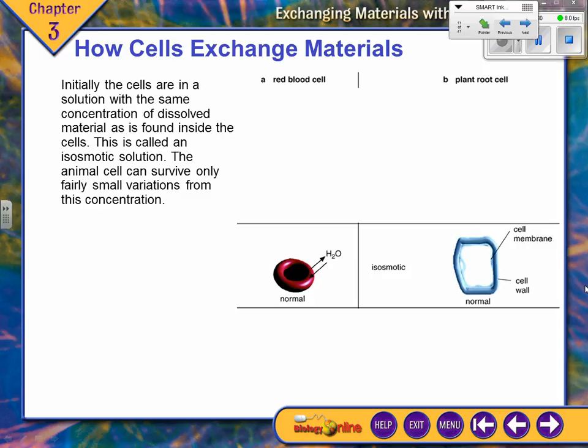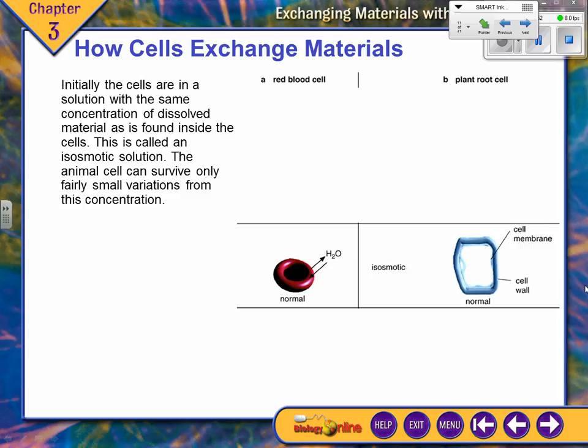It is the same on both sides. Is the animal cell happy? Yes. Sure, things are coming in and things are coming out, but it's not going to make it change size. What about the plant? It would rather have water coming in because it's not getting that extra pressure.